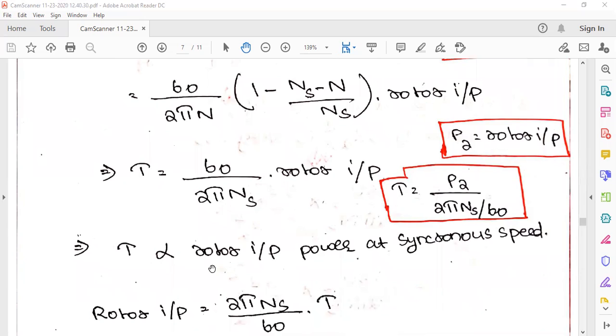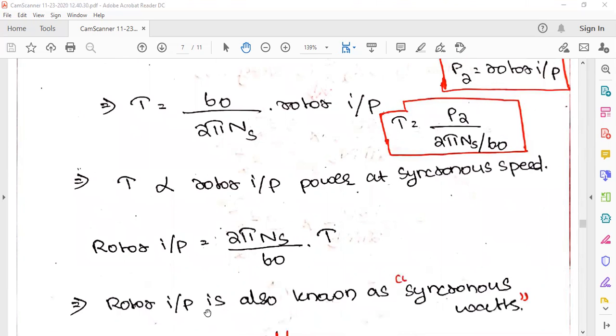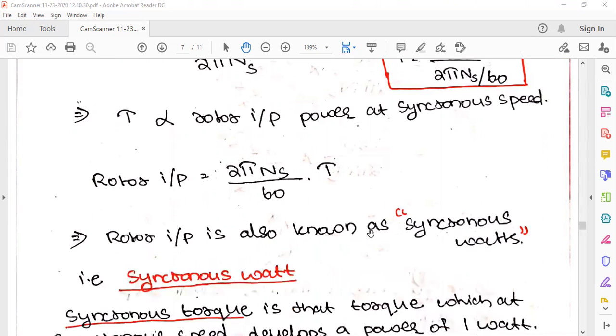That is, torque is proportional to rotor input power at the synchronous speed. You may be asked a question to derive that the torque developed is proportional to rotor input at synchronous speed, that is T is equal to P2 by 2 pi Ns by 60. So rotor input is equal to 2 pi Ns by 60 into T. This rotor input is also known as synchronous watts.